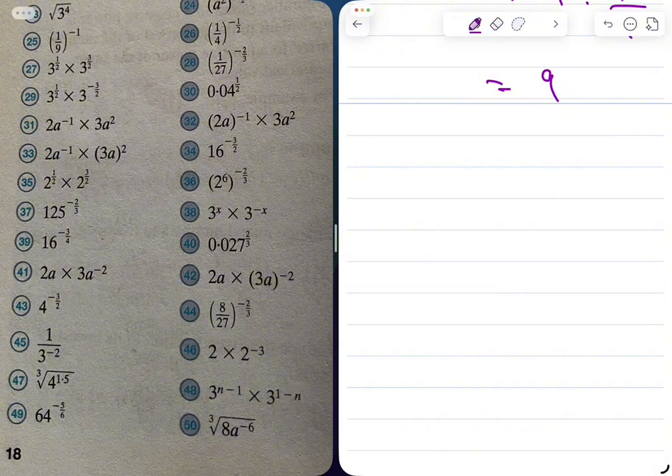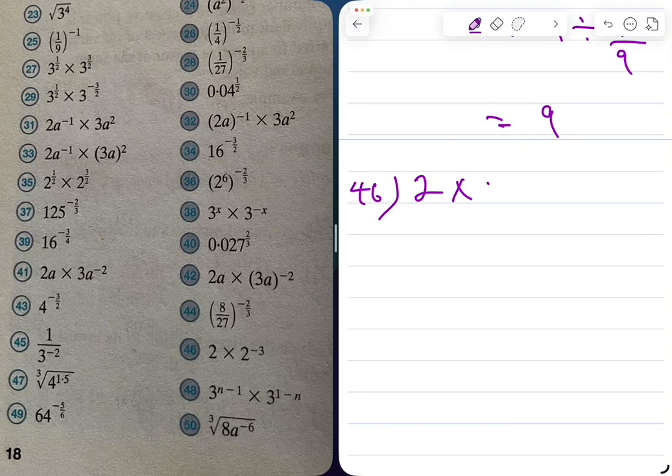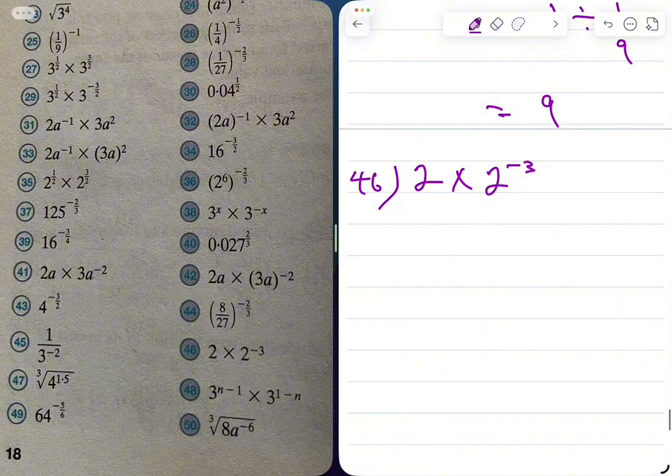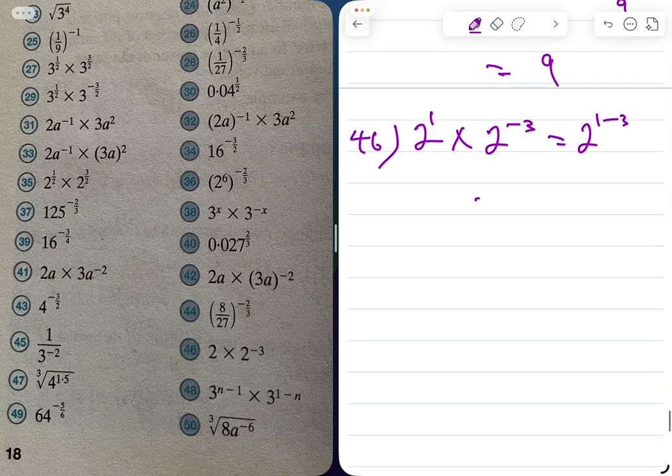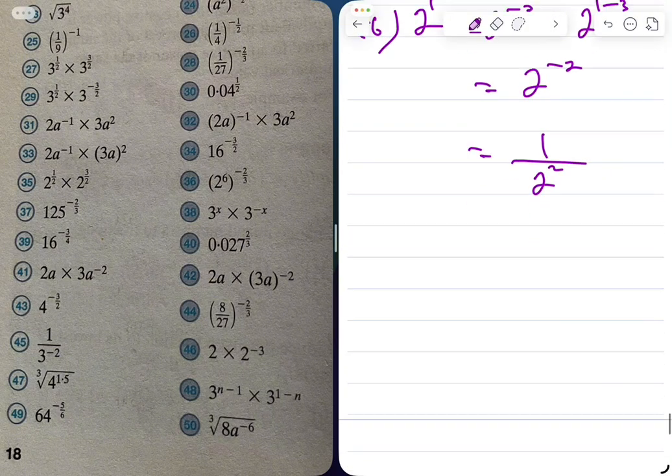Number 46 is 2 times 2 raised to the power minus 3. 2 is the same as 2 raised to the power 1, and that simply means 2 raised to the power 1 plus minus 3, which is 1 minus 3, and that is 2 raised to the power minus 2, which means 1 over 2 raised to the power 2, and that's 1 over 4.